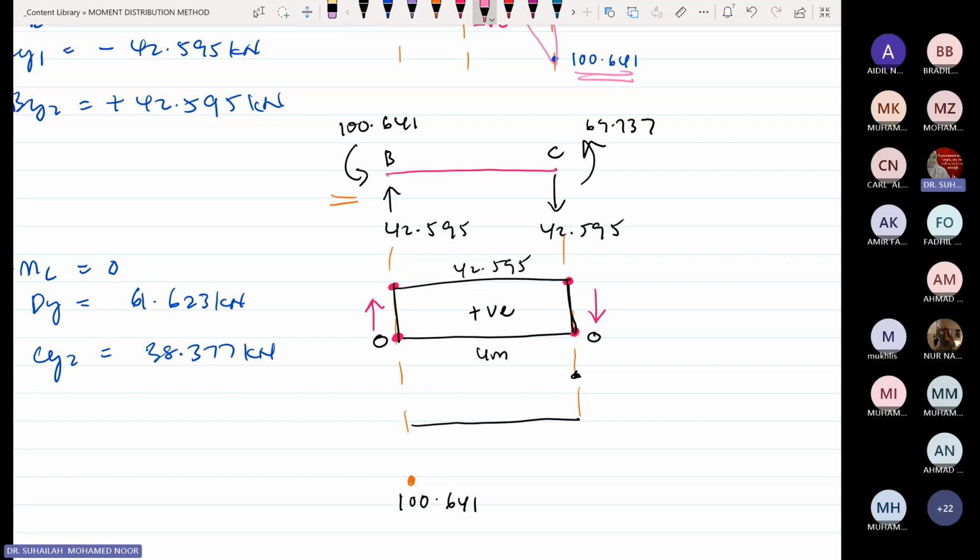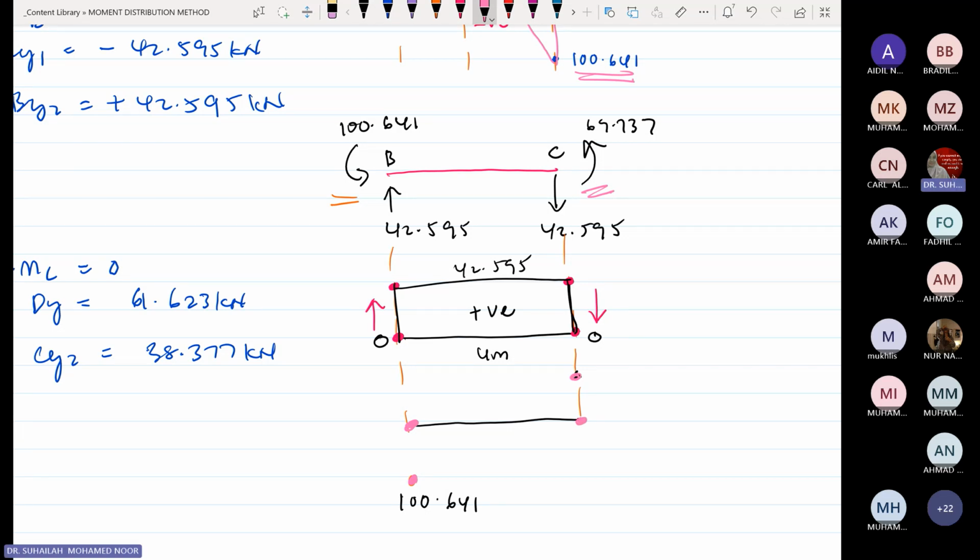Okay. So point dia kat atas sebab arrow dia tunjuk ke atas kan. So we do this just for confirmation. Okay. So point dia start with this point, this is the first point, 0. And then this is 100.641 negative. Okay, and then this is the next point and last point is 0.